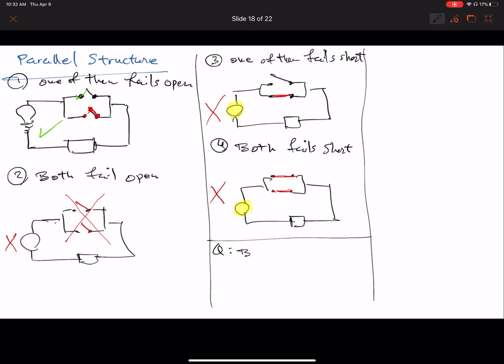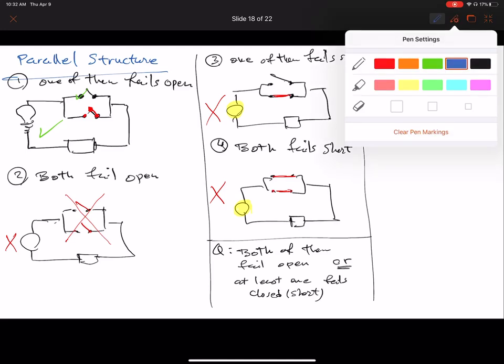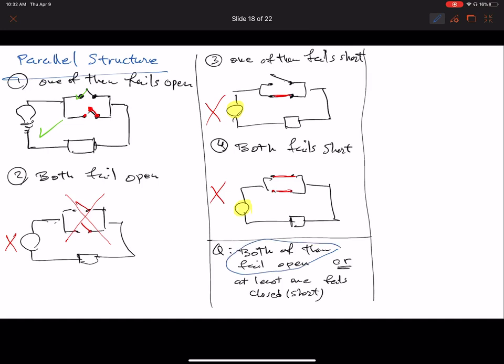So both of them fail open, or at least one fails closed or short. I'm going to call that E1 and I'm going to call that E2.